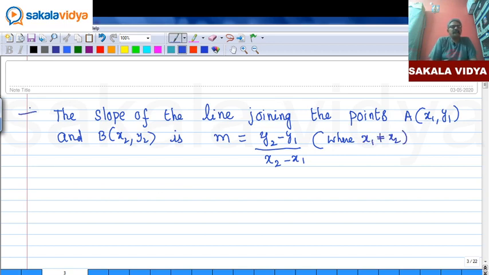That means, if two points on the line are given, we can find the slope of the line with the help of this formula, y2 minus y1 by x2 minus x1.